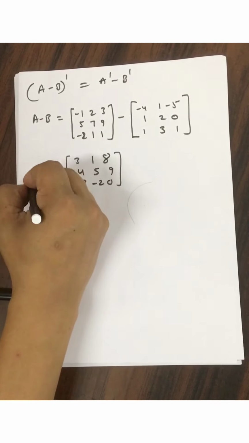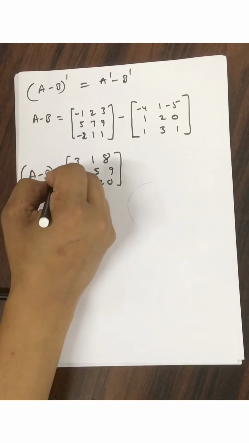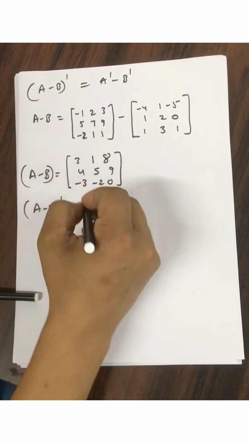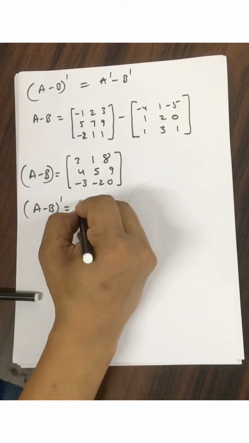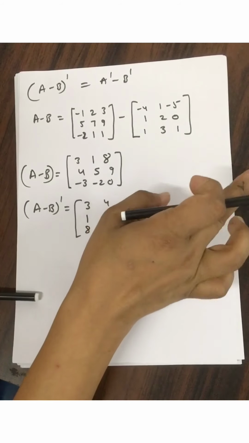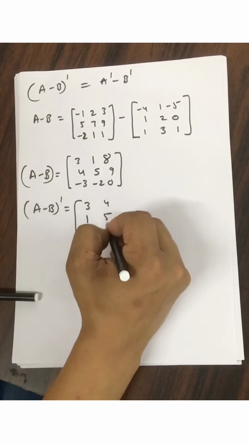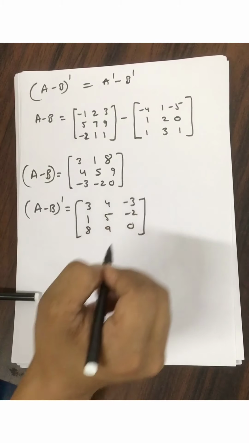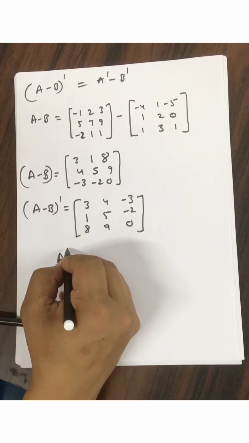This we get. This is A minus B. And once we find transpose, what happens? 3, 1, 8. This will come 4, 5, 9 and this will come minus 3, minus 2 and 0. Got it?